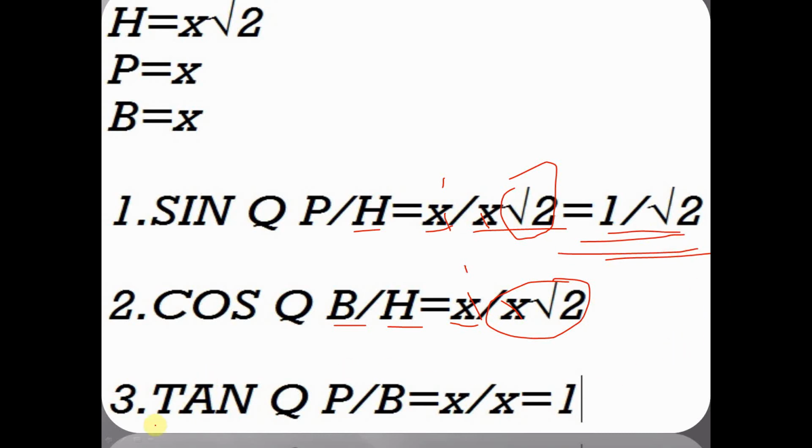In third, tan theta, p by b. Pandit Badri Prasad bole. P value is x, b value is x. Cut, remaining 1 is equal to 1.